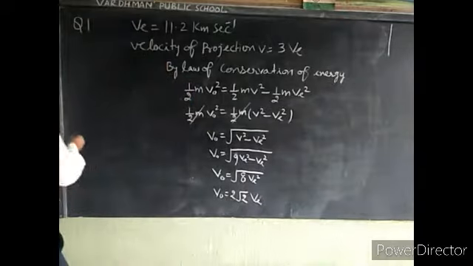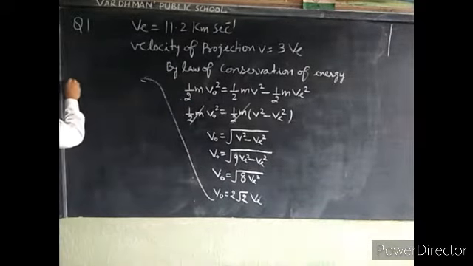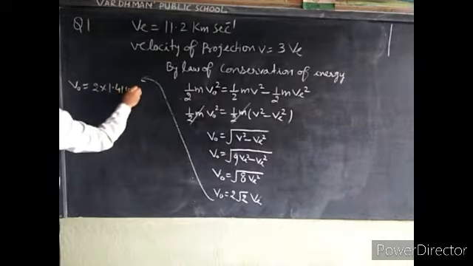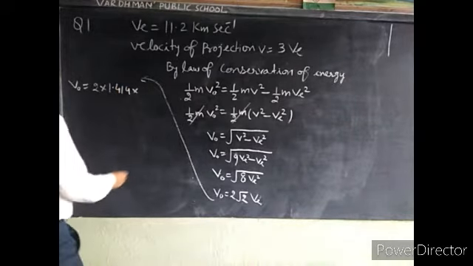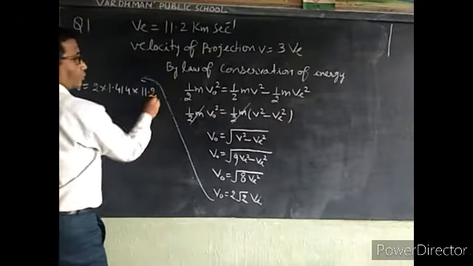Now we will put in the value: vo equal to 2 into under root 2, that is 1.414, into Ve, 11.2.